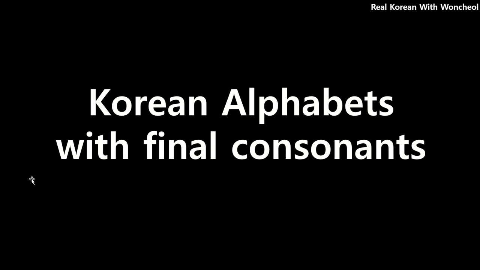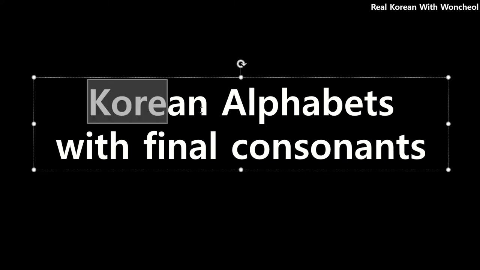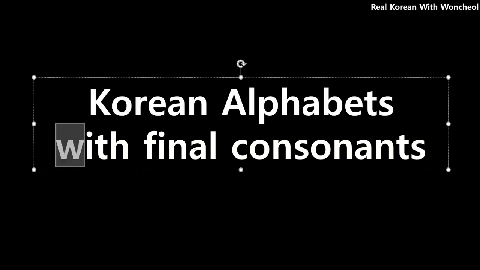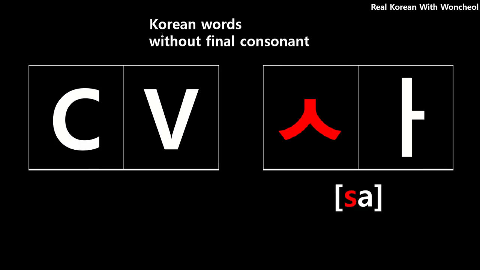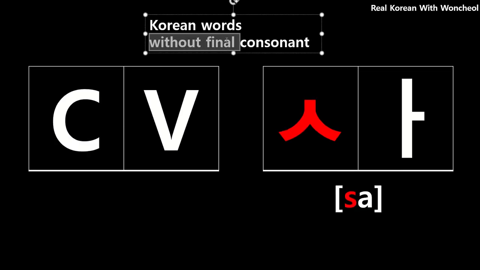Hey guys, today we are going to learn about Korean alphabets with final consonant. As you remember, last time we learned the Korean words without final consonant. So it goes like this: consonant on the left side and vowel on the right side, and you put them together, right?